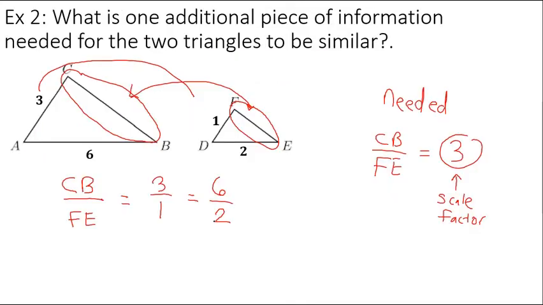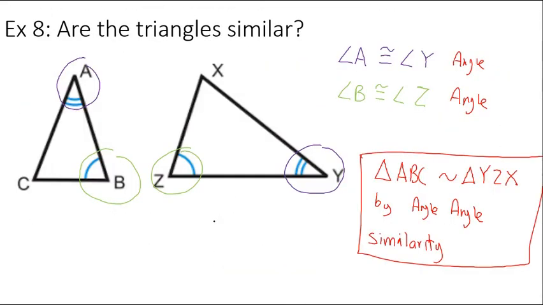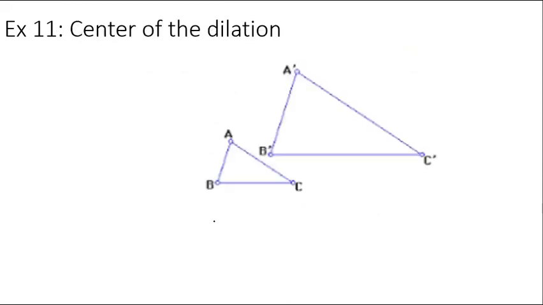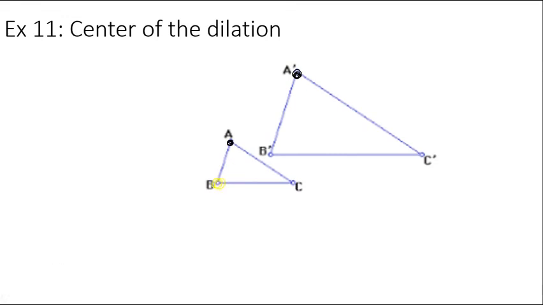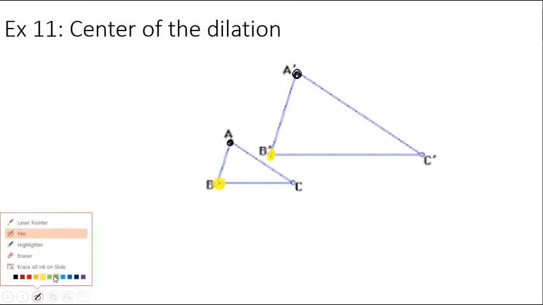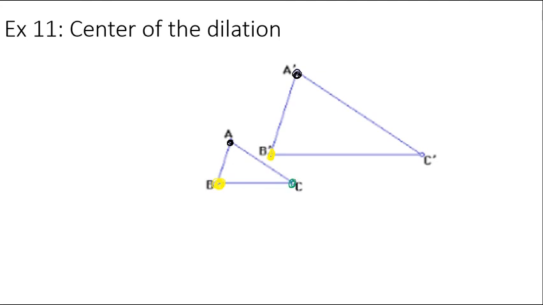All right, let's get into the last two examples. So center of a dilation. So again, remember A and A prime correspond. B and B prime correspond. And then C and C prime correspond.